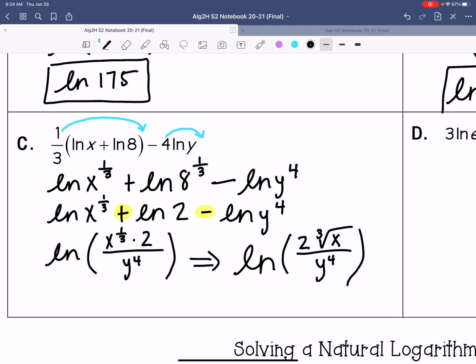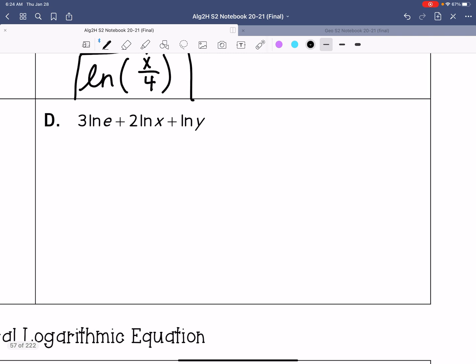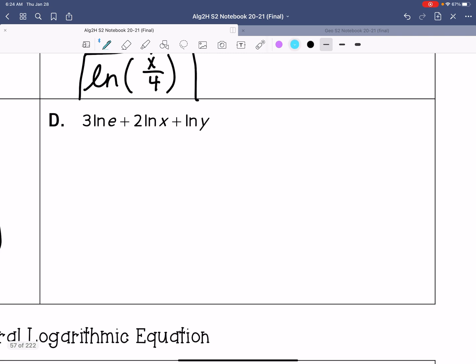Okay, if you haven't done so, let's go ahead and pause the video here. I want you guys to just attempt D all by yourself to see if you are on the right track. All right, so again, step 1 is moving my exponents back. So now we're going to have natural log of e cubed plus natural log of x squared plus natural log of y.